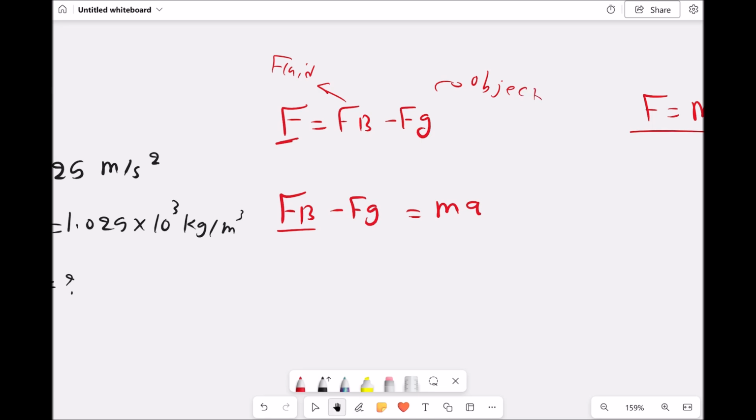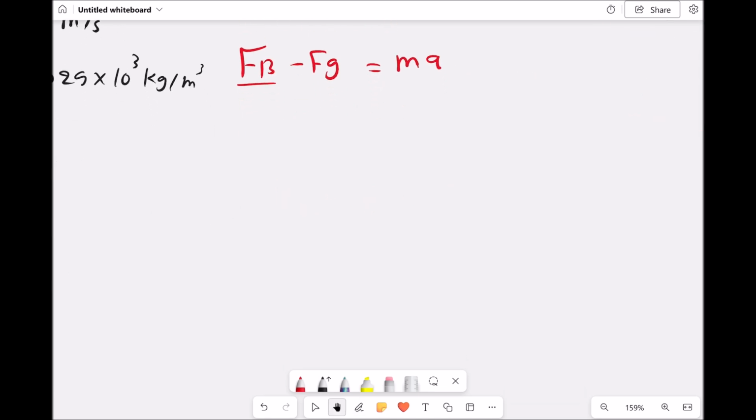Instead of writing FB, the buoyant force, I can write mass of the sea multiplied by gravity minus, instead of writing FG, I can say mass of the submarine, let's just write sub, multiplied by gravity is equal to, again, instead of writing mass, because this part has acceleration of the object, the submarine, I can use mass.